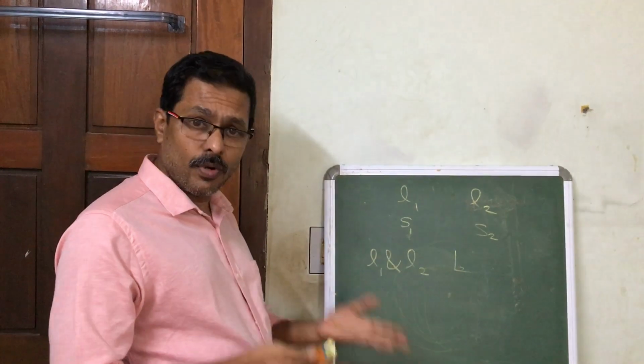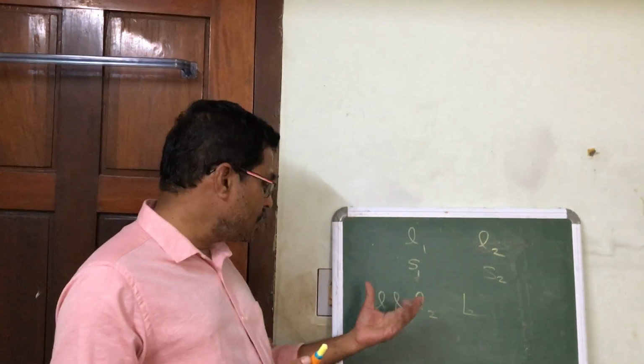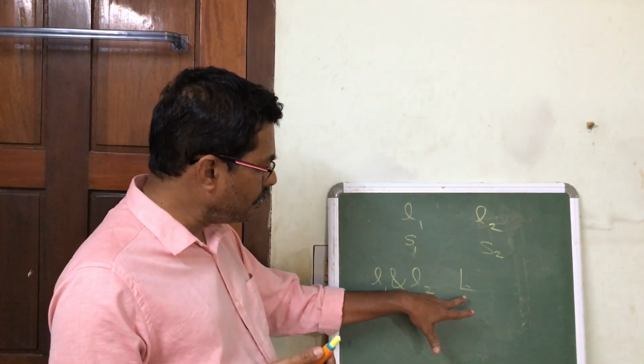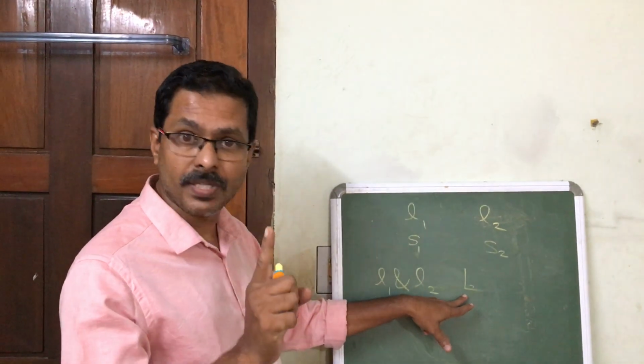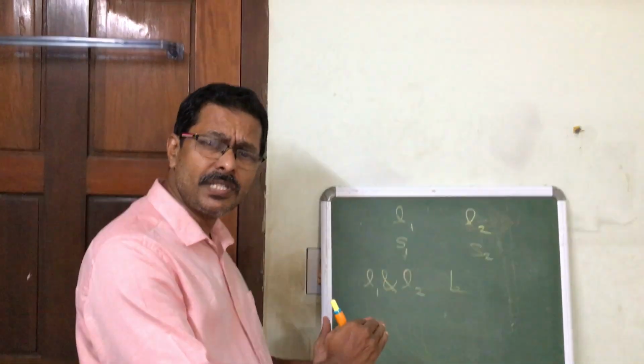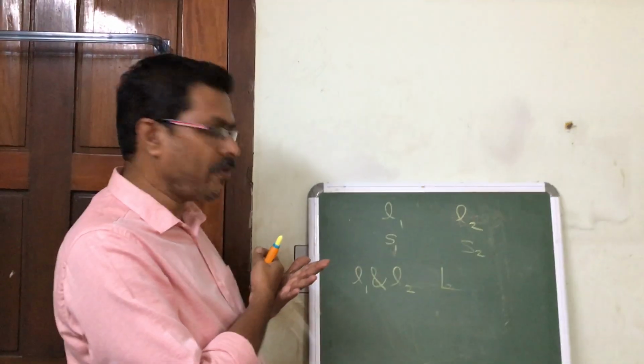You know these L1 and L2 are vectors, and these vectors can combine in different ways. So this L has not a unique single value. It can have different values.